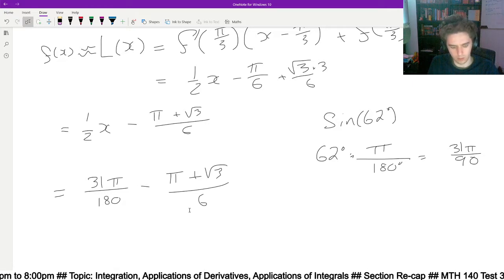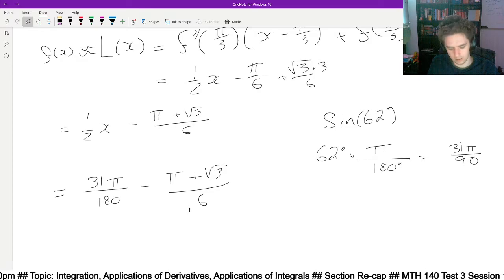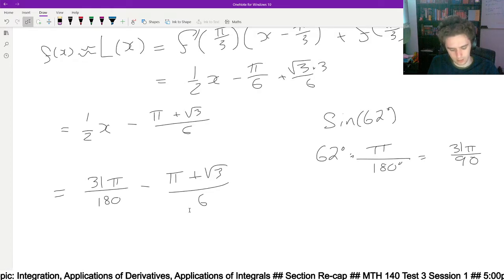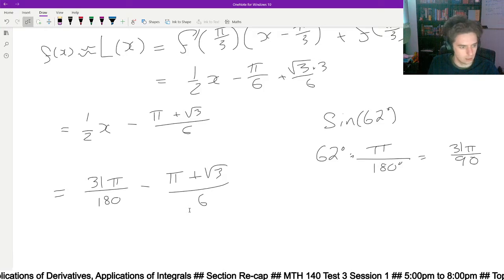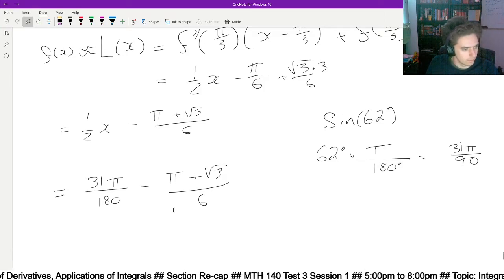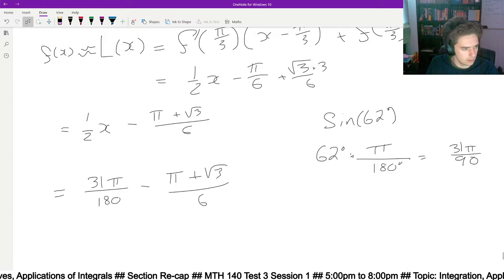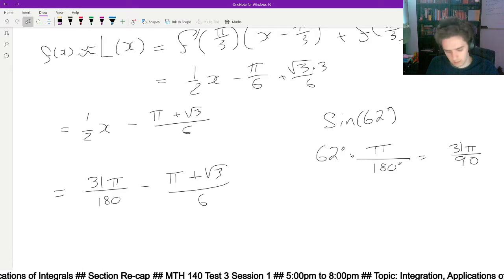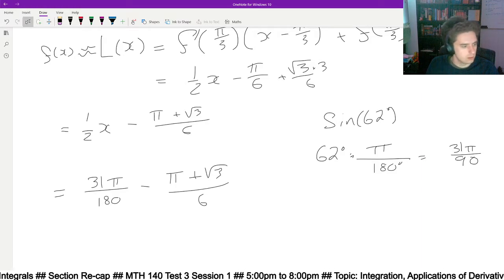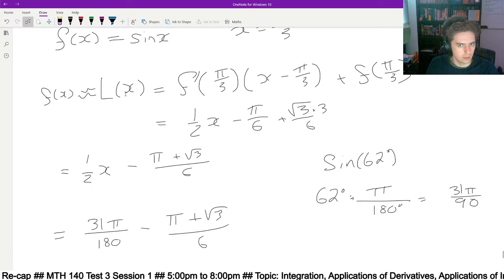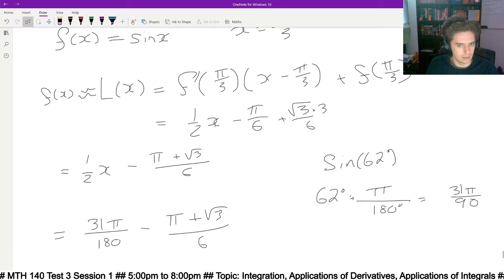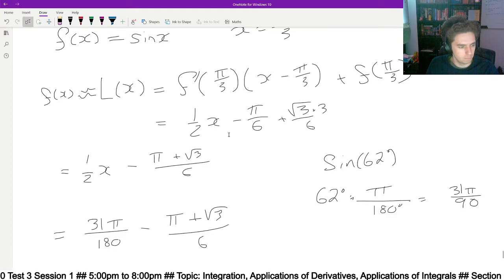So 31 pi over 180 minus pi plus root 3 over 6 is not the same answer as what they got. So let's see what I did wrong. I'm trying to find L of that, so just that x value.